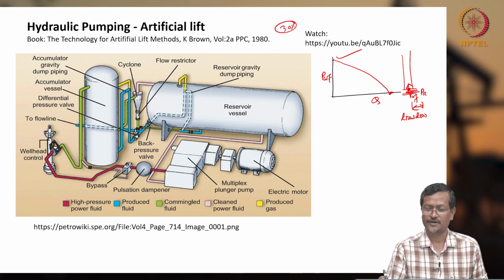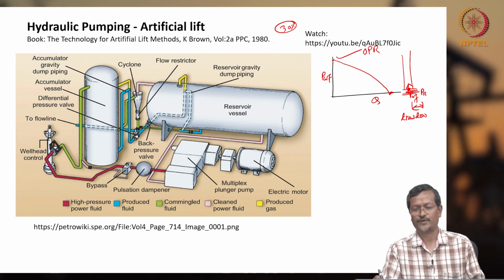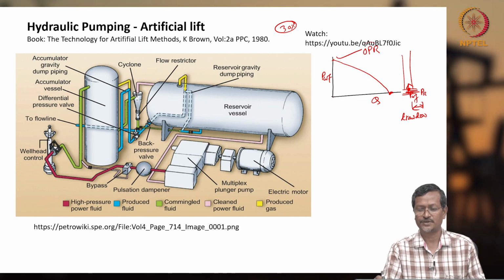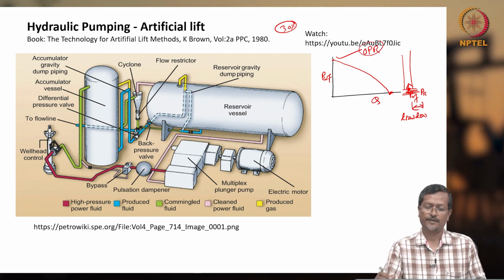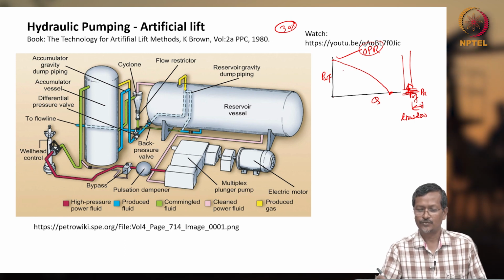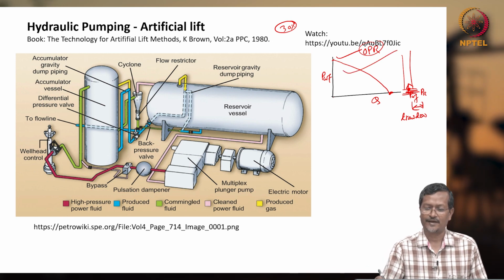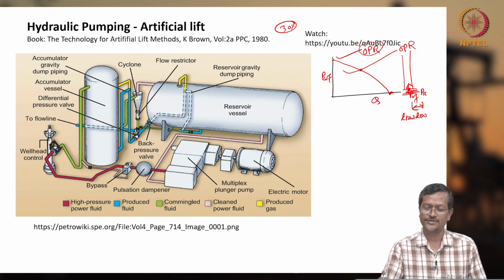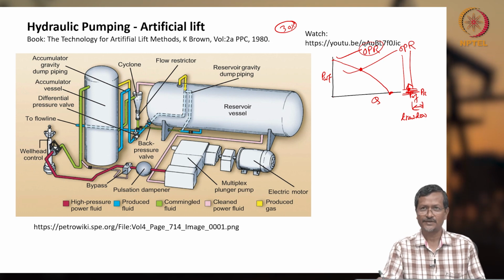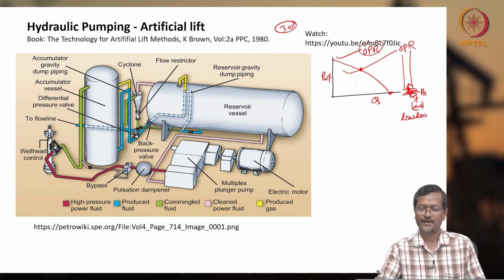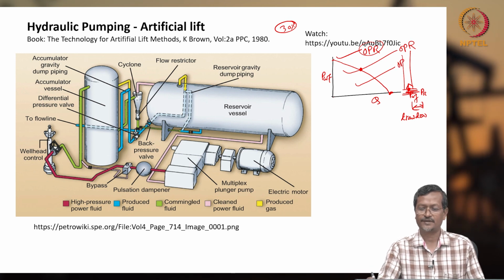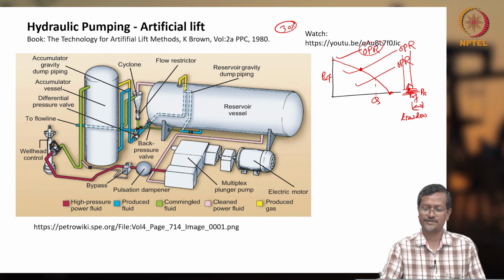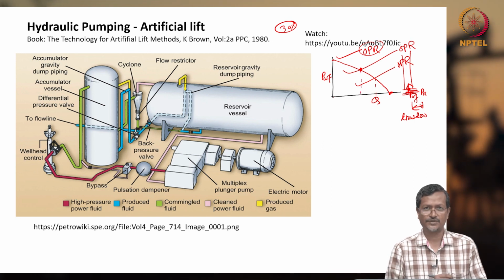Let's say initially your productivity is here. The outflow performance relationship, OPR, also called the tubing performance relationship or liquid performance relationship, is drawn like this. Because of the jet pump, you reduce PWF, and this outflow performance line crosses the IPR. You get some production. If you remove further liquid using your jet pump, you get even more production, because you see this Q is increasing. Q means flow rate.